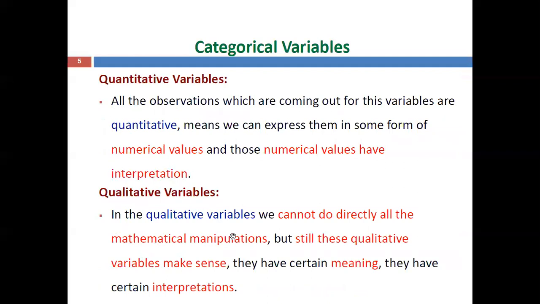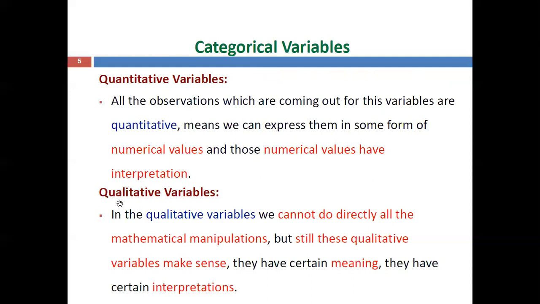Then coming to more details about quantitative and qualitative variables. First, you can observe quantitative variables. All the observations coming out of these variables are quantitative, meaning we can express them in some form of numerical values, and those numerical values have some interpretation. So this is called a quantitative variable.